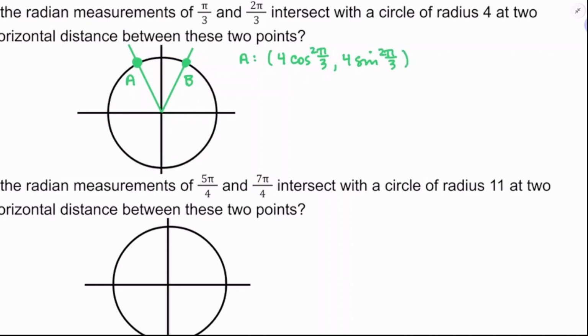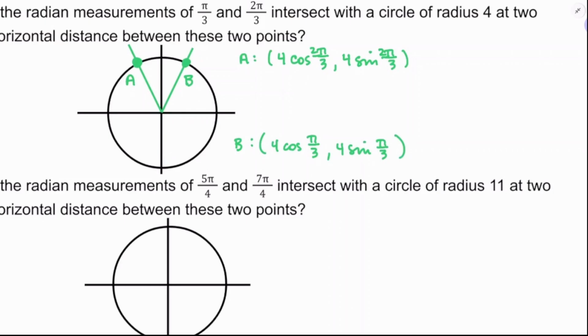I said pi over 3 and made a mistake, because A went farther, A is the one that corresponds to 2 pi over 3. B is going to be the one that corresponds to 1 pi over 3. So for cosine of 1 pi divided by 3 and for sine of 1 pi divided by 3.